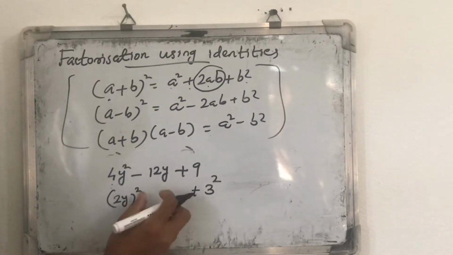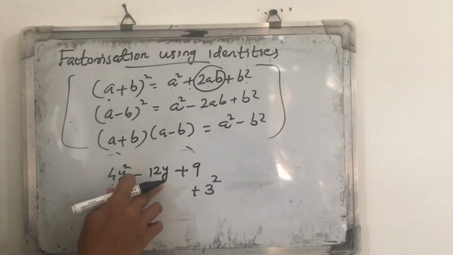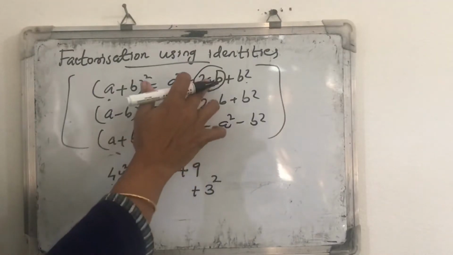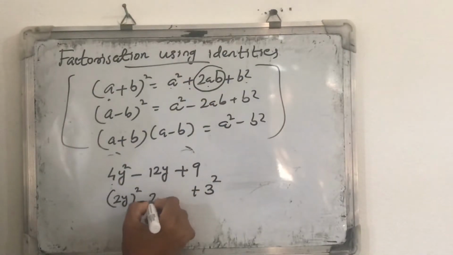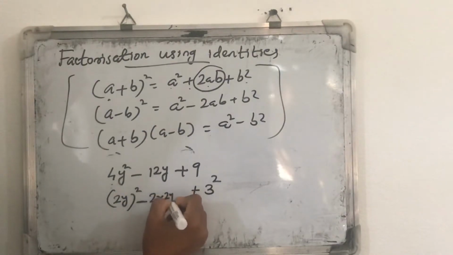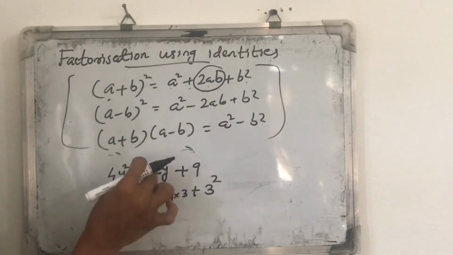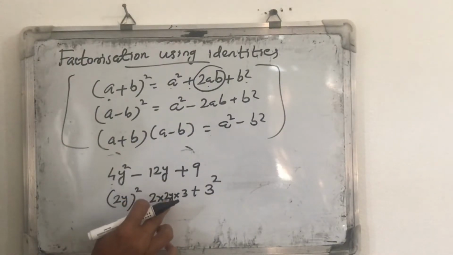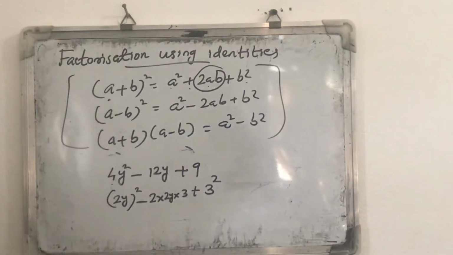Then we want to check the 12y, how we can write it in the 2ab form. 2 into a is what here? 2y. 2 into 2y into b, which is 3, so we will get this 12y. Look at it: 2 into 2 is 4, 4 into 3 is 12. So minus 12y, that is the second term in the given.